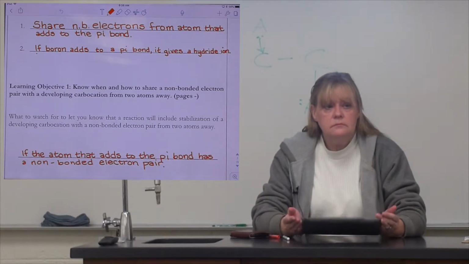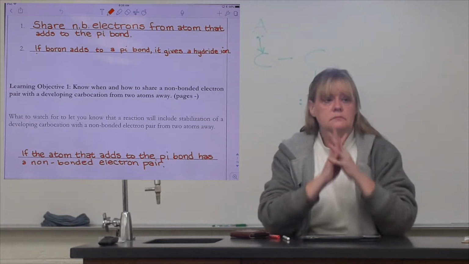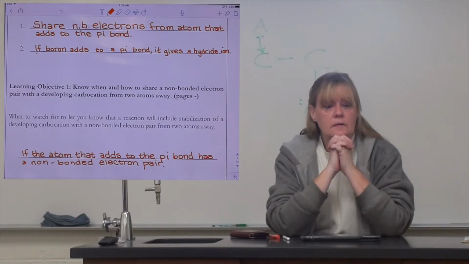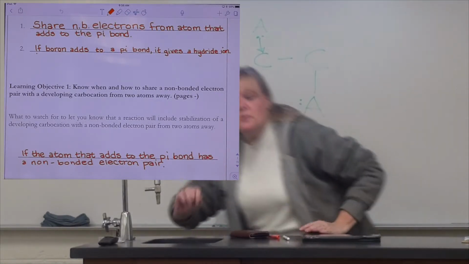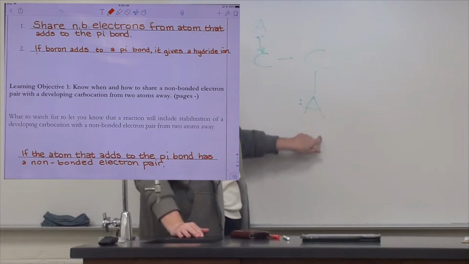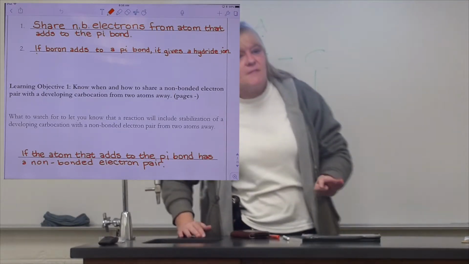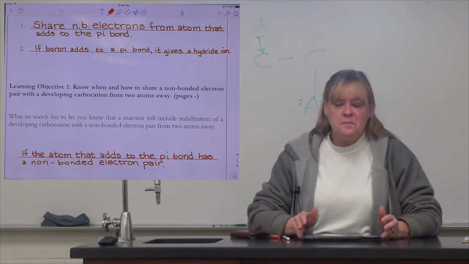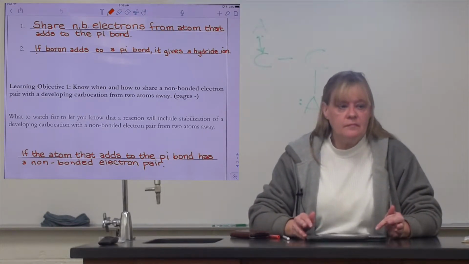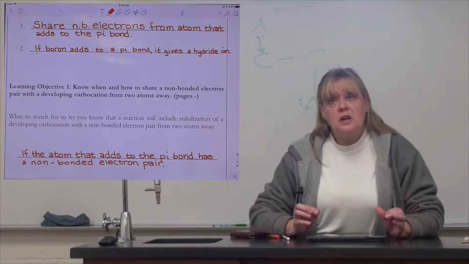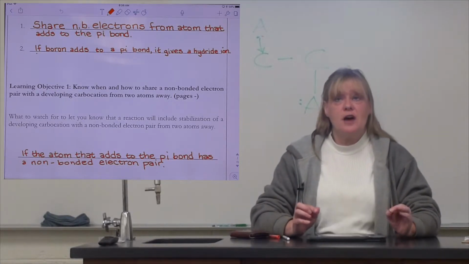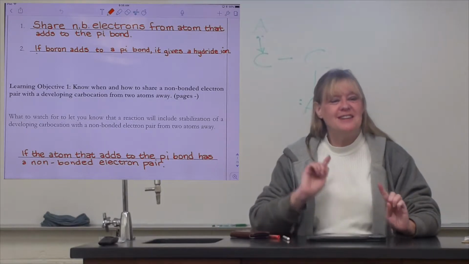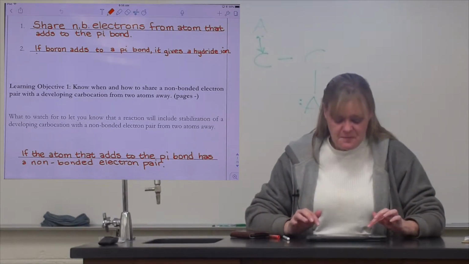Just for terminology's sake, when you say the element adds the pi bond, would that have been the A? Yeah. Well, I had two A's up here, but the first A that added on, yeah, here. So more effectively, you could say if the electrophile that reacts with the pi bond has a non-bonded electron pair.